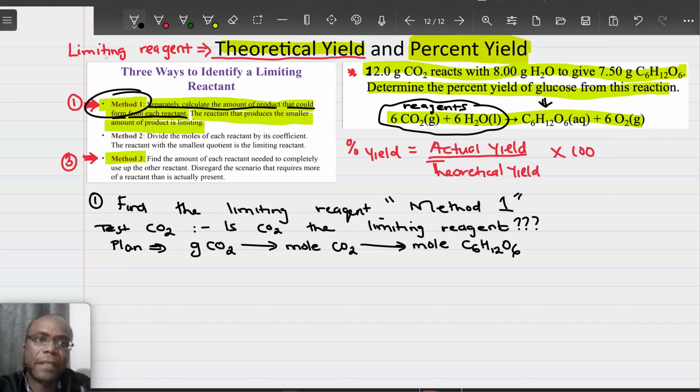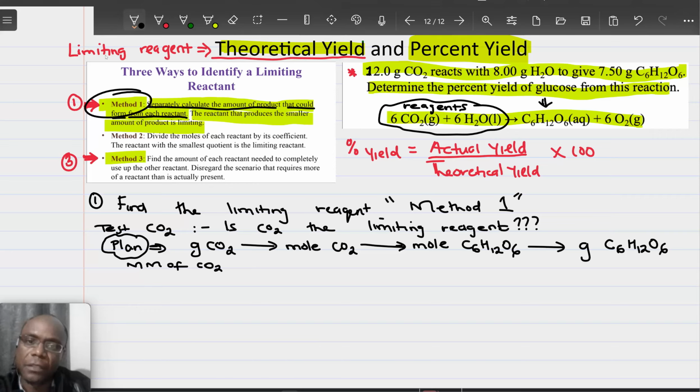And then from there, if I really want to get the yield, I can find the yield in grams of glucose, the theoretical yield in grams of glucose if CO2 was limiting. This plan is going to help us to quickly finish the calculation.